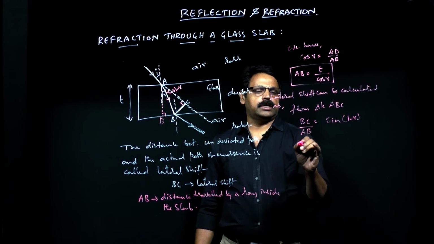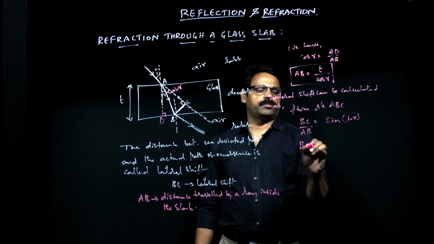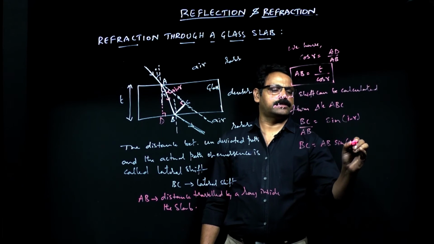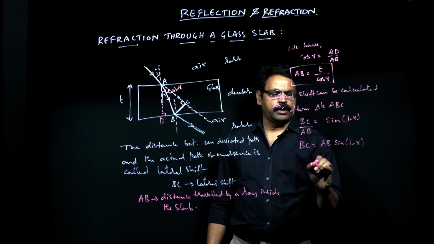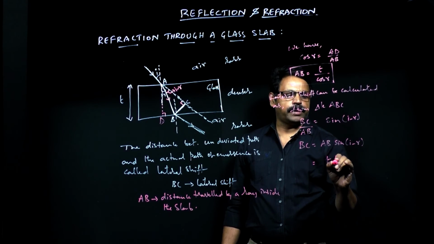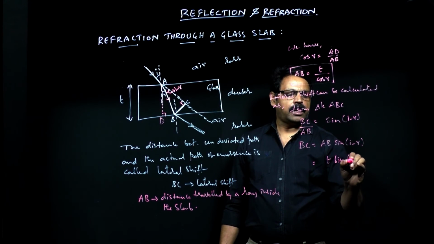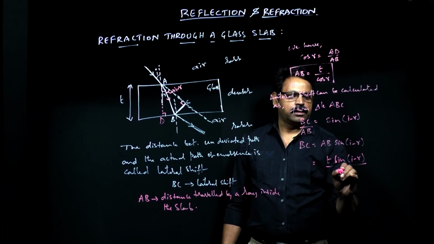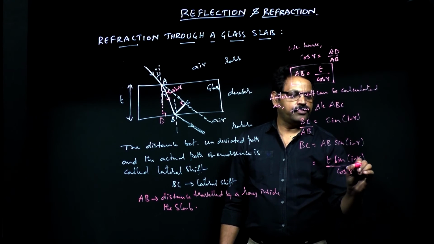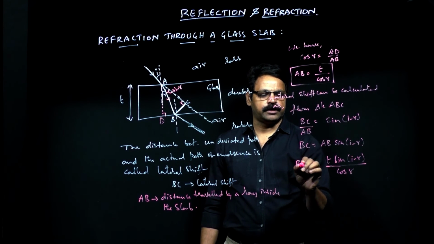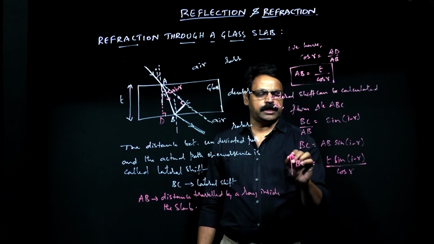And here I want BC. So BC is equal to AB sine of I minus R. AB value we already got. So BC equals T multiplied by sine of I minus R divided by cos R. This is called the lateral shift.